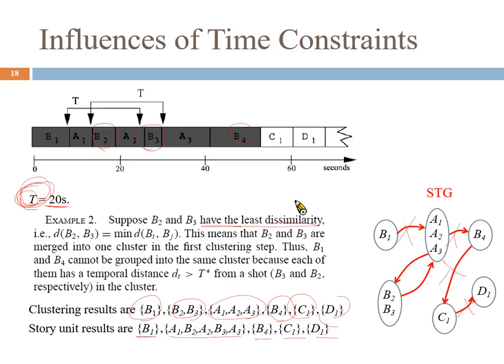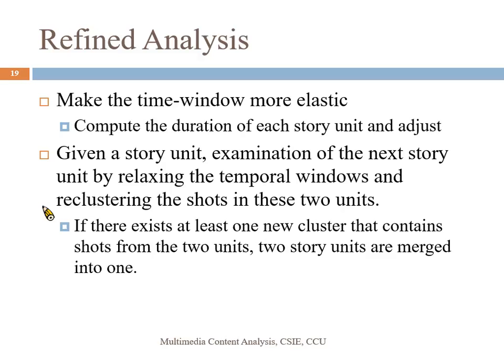So you can see that for the same video, with the same shot change detection result, with the same time-based constraint, we got totally different scene change detection results. So this would not be a case we like to obtain. So how do we solve this problem?